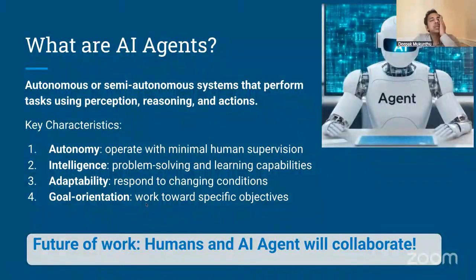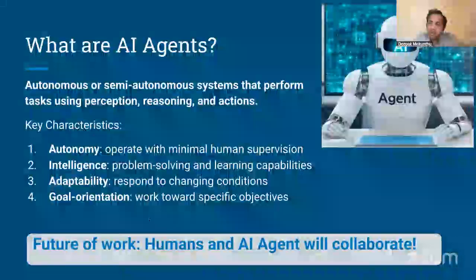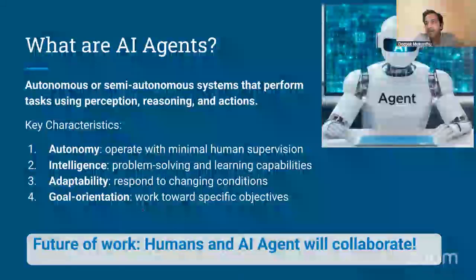One of the key questions I keep getting asked whenever I talk about agents is what happens to humans and what happens to our future. Will all of our work be replaced by agents? The answer is no. Agents are not here to replace our jobs. Agents are here to help us, to collaborate with us and make our life easier.